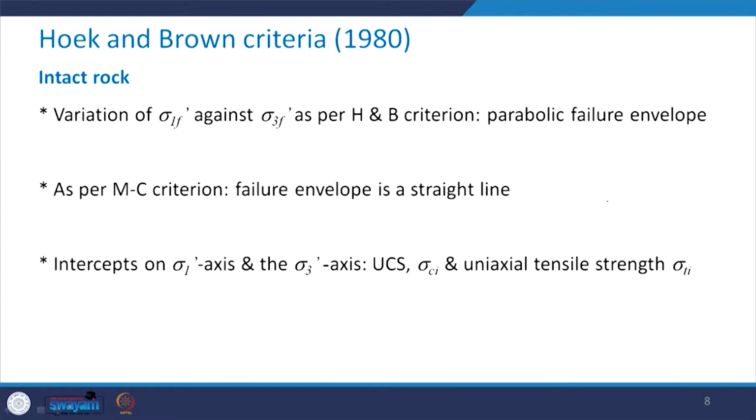As I mentioned, the variation of sigma 1f against sigma 3f as per Hoek and Brown criterion is a parabolic failure envelope. In case of the Mohr Coulomb criterion, it was a straight line, and the intercepts on the sigma 1 axis and the sigma 3 axis gave us respectively the UCS of the intact rock and the uniaxial tensile strength of the intact rock.